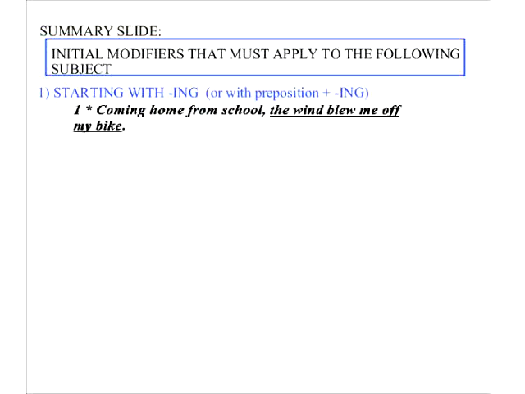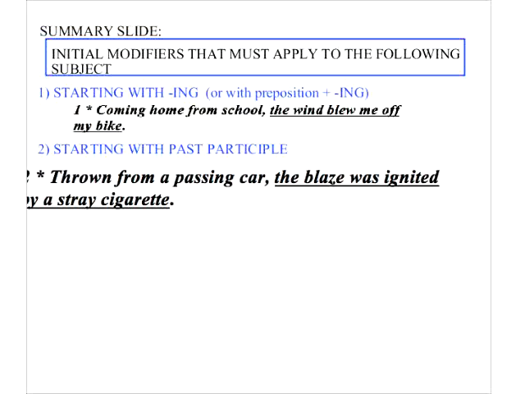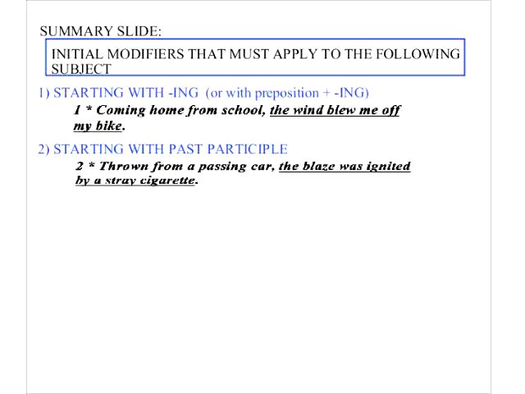The second one we had starts with a past participle. The example we had there was, thrown from a passing car, the blaze ignited. I mean, people can't throw a blaze out of a car.